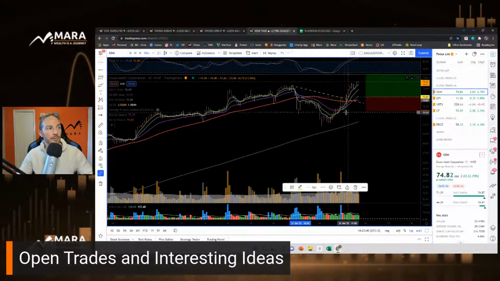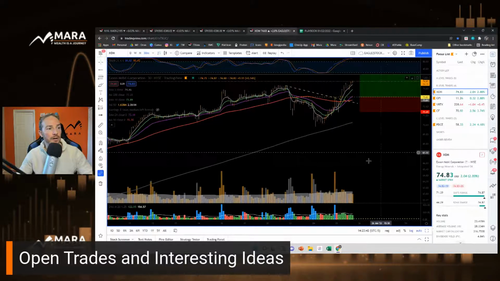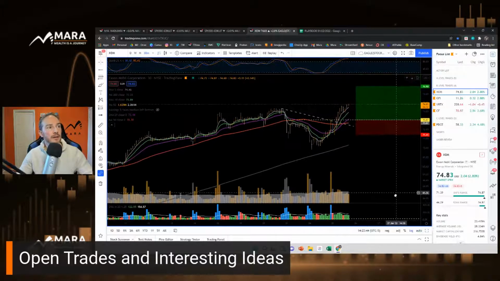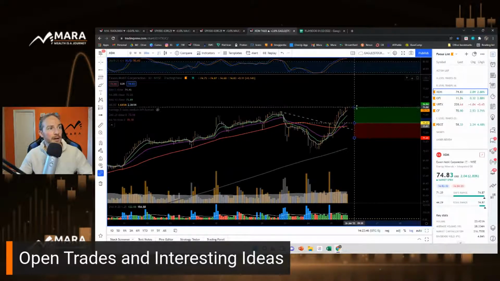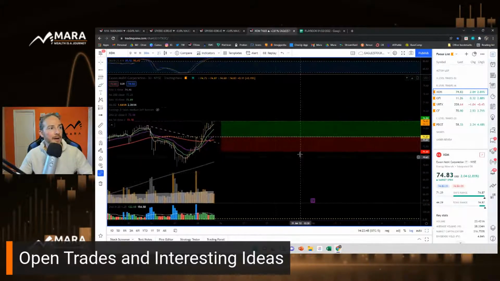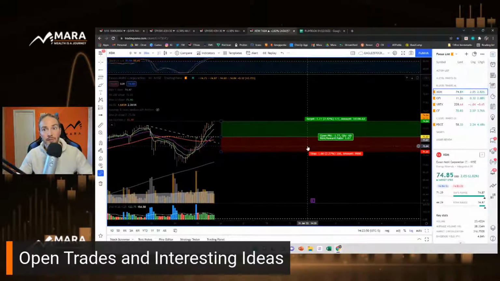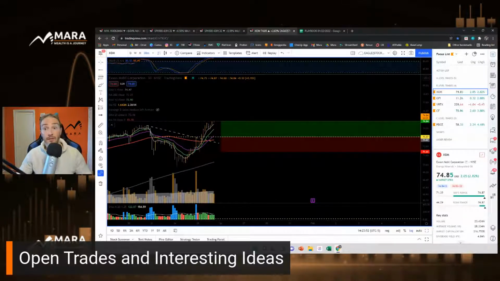You could have a stop right below that swing low, and you would have made about 1 times your risk so far, a little bit more than 1 times your risk. So that's the kind of stuff that I look at for day trades, for swing trades. The same philosophy works whether you're day trading, swing trading, all of it.